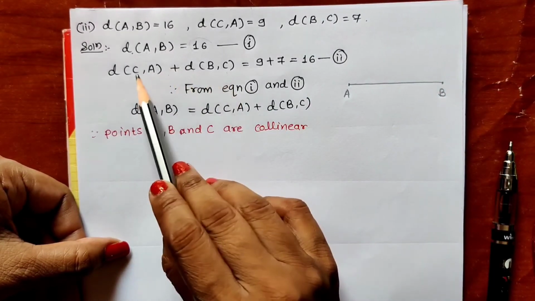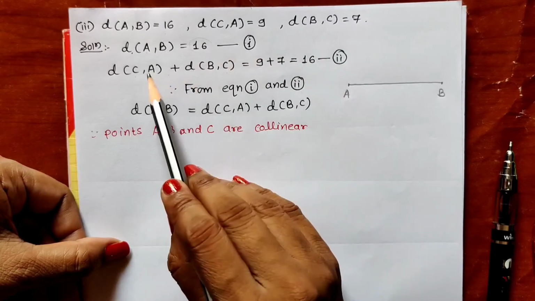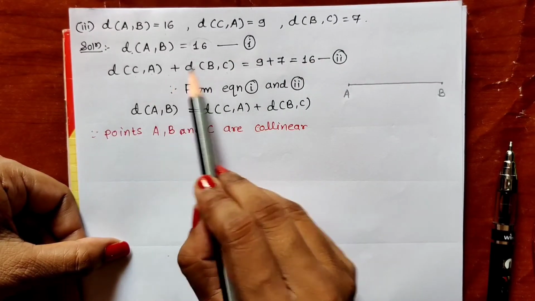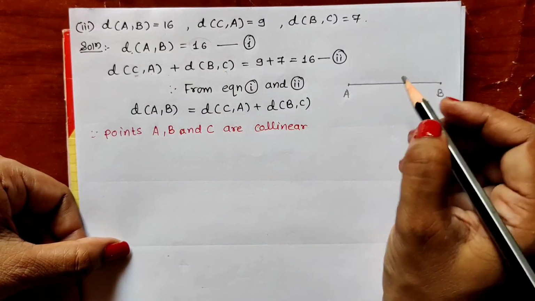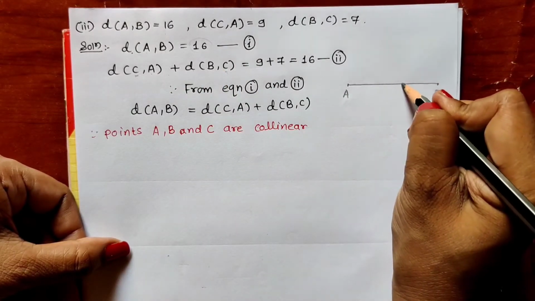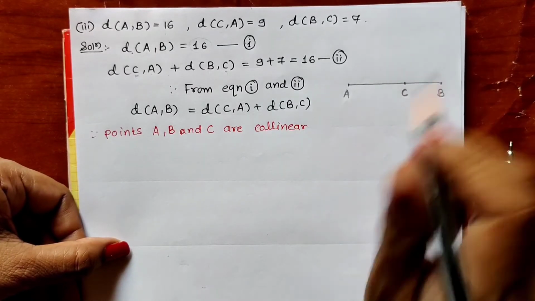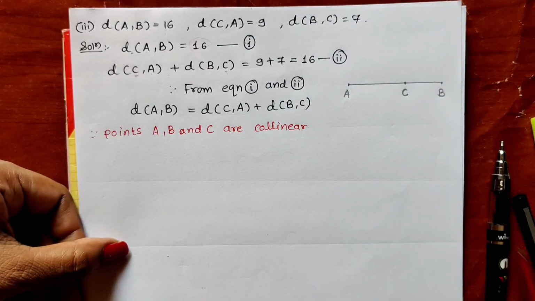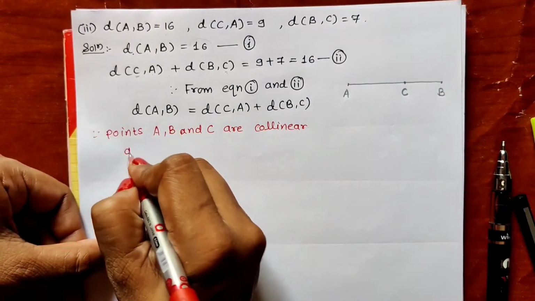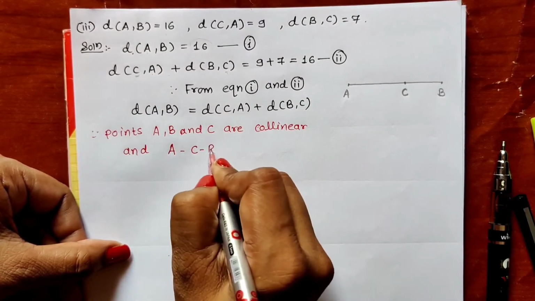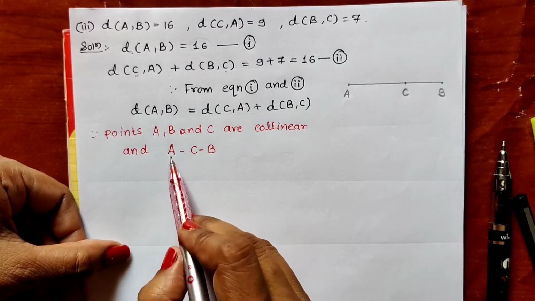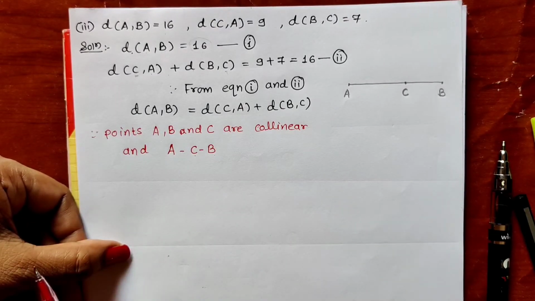If you leave A and B, point C is the common point in both the other distances. That means C is somewhere here in between points A and B. So we write A-C-B, which means point C is in between points A and B.